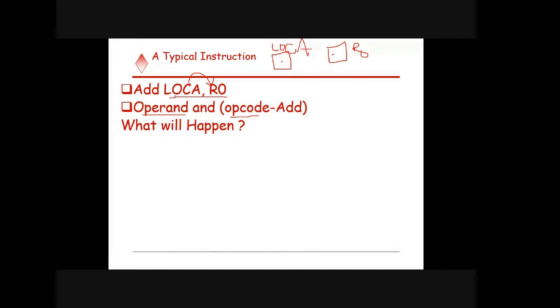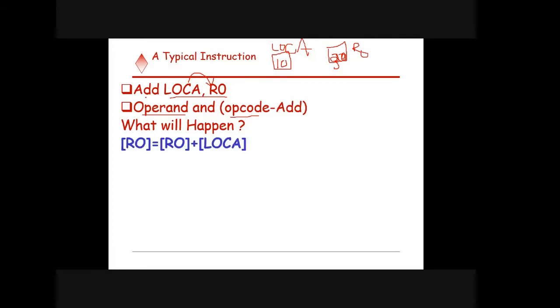Whatever the initial value of location A, assuming it was 10 and R0 was 20, after executing the instruction, location A content will be preserved, it is not changing, but R0 content will change to 20 plus 10, 30. So R0 content changes to 30 and location A content is preserved, and it is performing the addition operation.